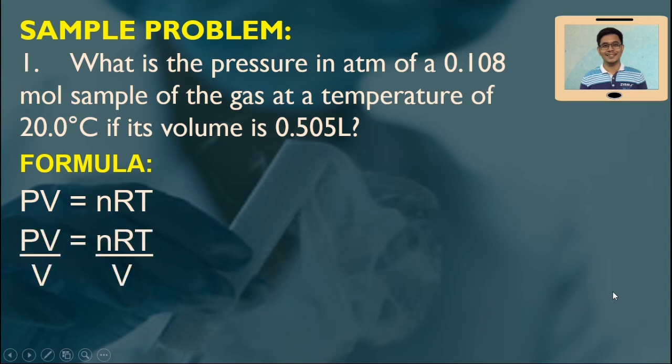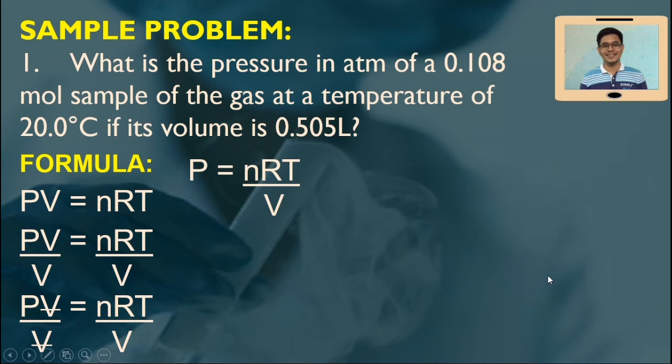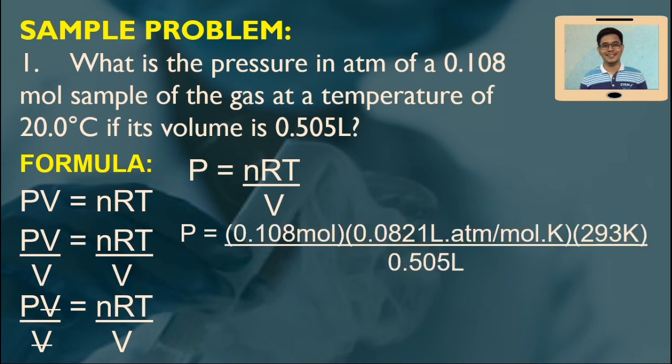So, paano gagawin natin dyan? So, just divide both sides by V or volume para makancel natin yung V dito sa left side and then maiiwan lang is P, pressure. Okay, so cancel yung ating volume and therefore, the formula for our pressure is equal to nRT over V. And then for our solution, just substitute the given for our n, R, T, and V. So we have our n is 0.108 mole.